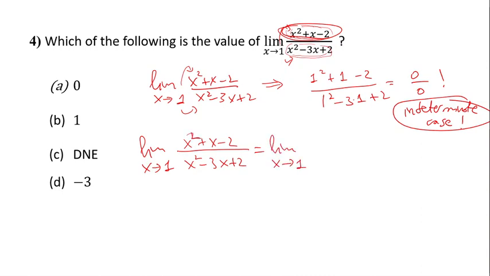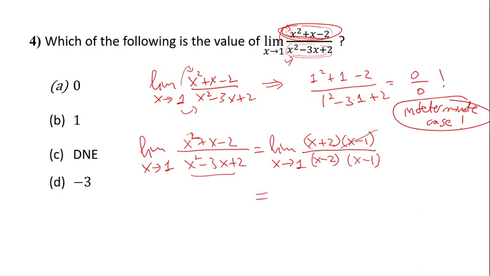The factoring of the numerator will be x plus 2 times x minus 1, divided by the factoring of the denominator, which is x minus 2 times x minus 1.